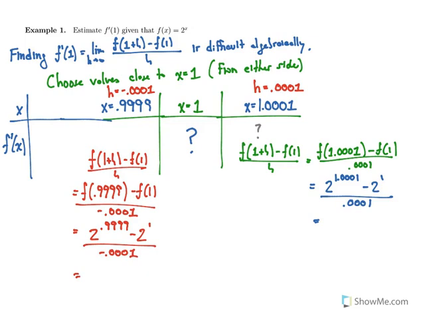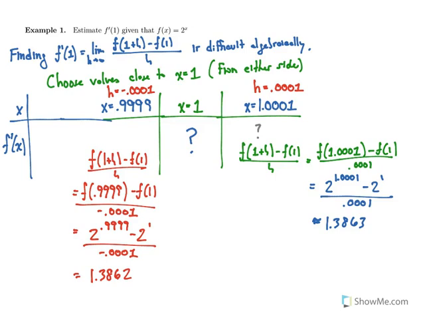So the first value, when we had h equals 0.0001, when we plug that in, we get a value at least close to 1.3863. And when we plug in negative 0.0001, we get 1.3862.